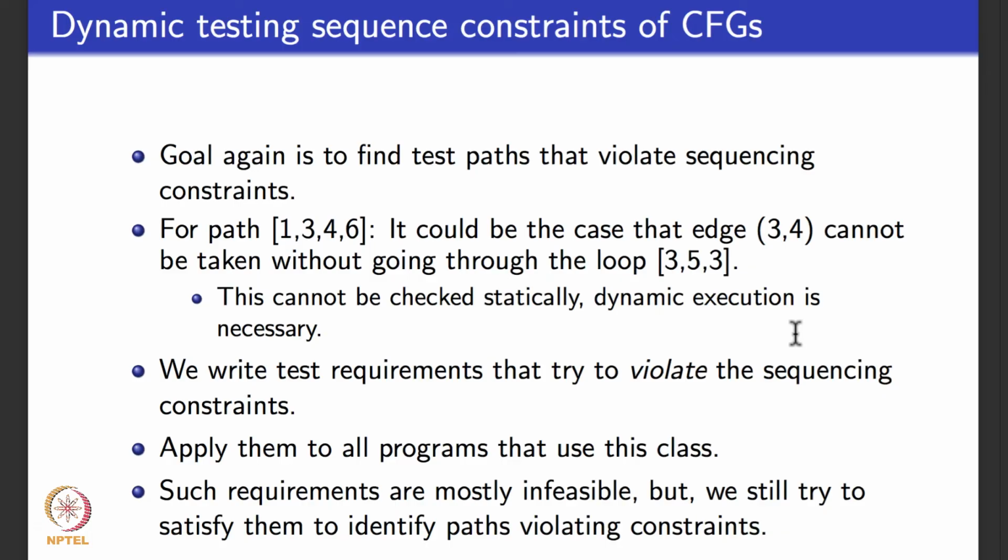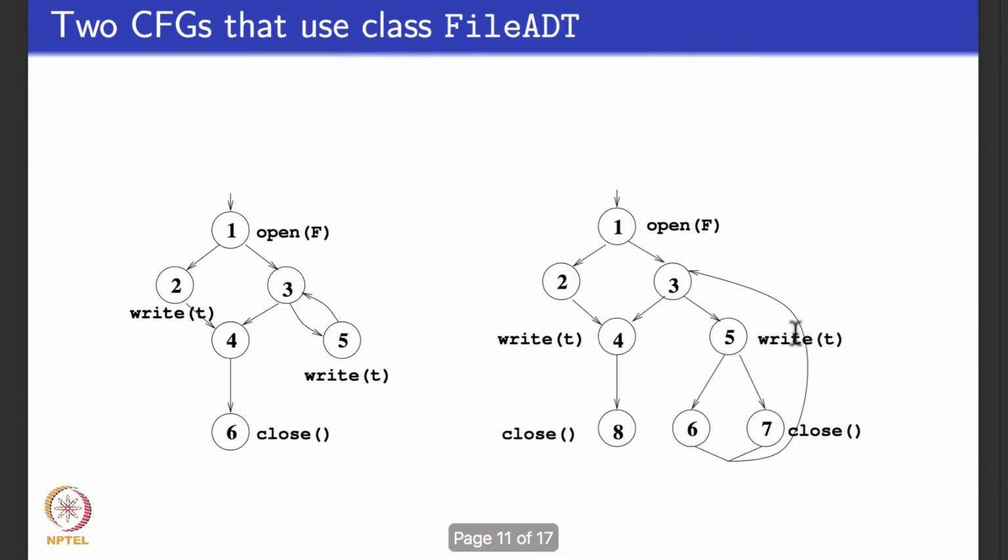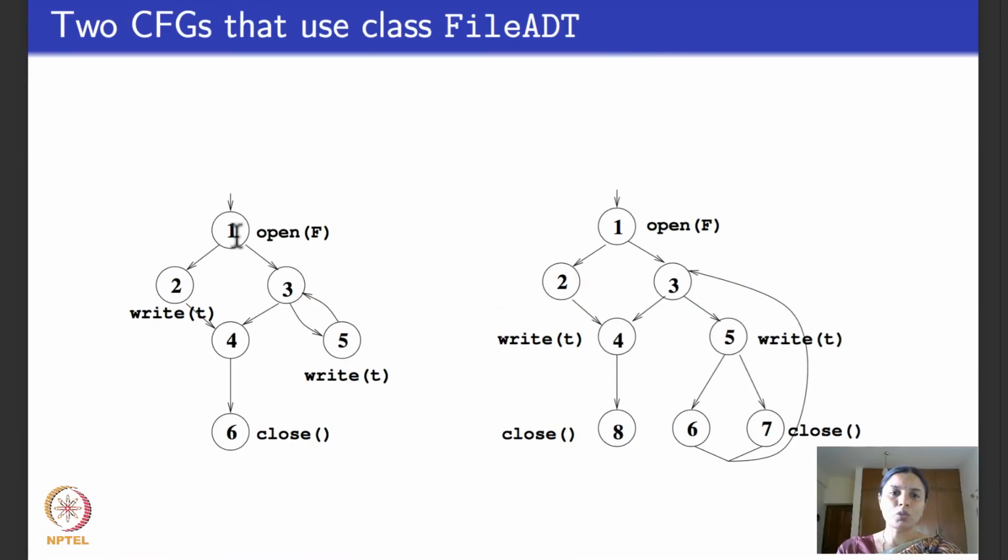So if I consider dynamic testing and I go back to the first CFG, the path 1, 3, 4, 6, which potentially violated constraint 4, could be unrealistic. If you remember, I told you whenever we look at control flow graphs, it many times may not be feasible to write a path that altogether skips a loop. 1, 3, 4, 6 in this CFG is such a path.